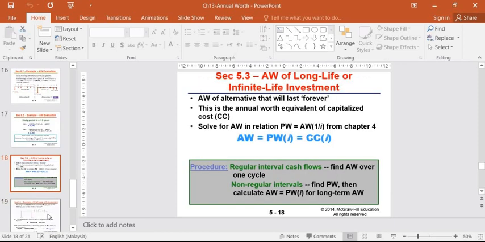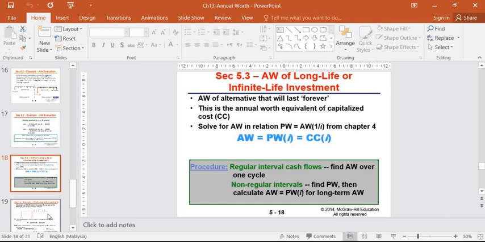All right. So for the last one, how we calculate for long life or infinite life investment. This is for the actual worth value of a long life or infinite life investment. This lasts forever. This is about thinking about capital cost.